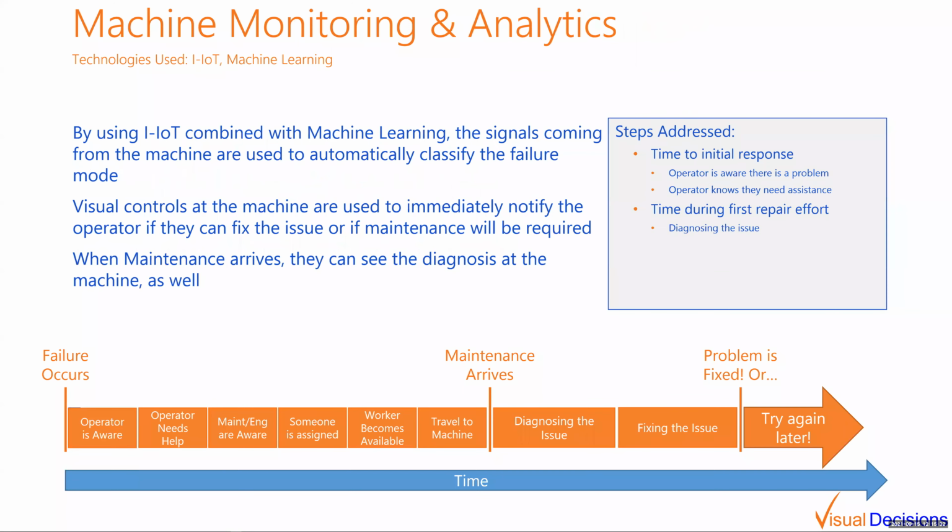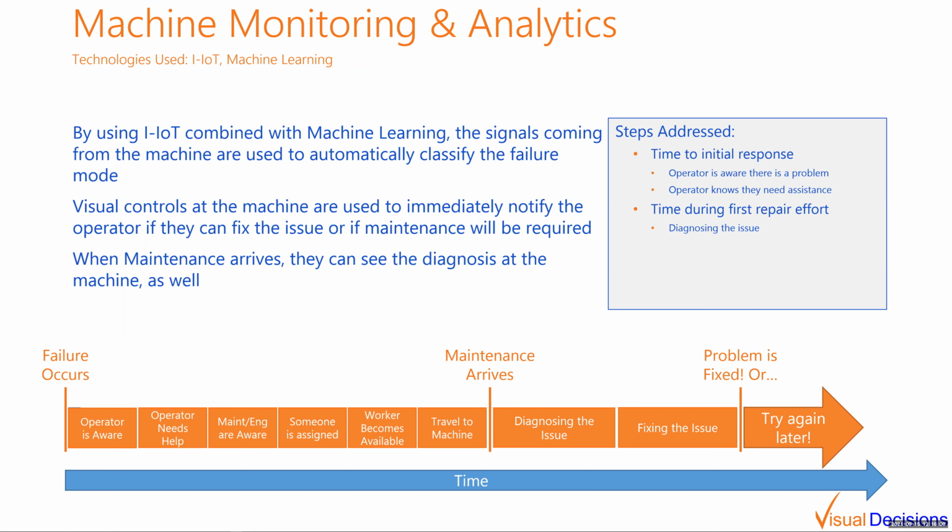The second step is that we can actually apply analytics here. So if we are pulling information from the controller, we can look at fault codes. We can look at additional sensor information such as temperatures or vibration or noise or anything like that. And we can utilize that information through machine learning algorithms to automatically classify what the problem is.